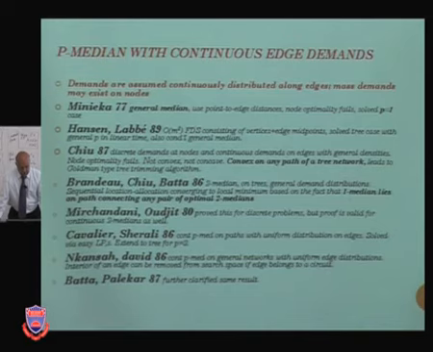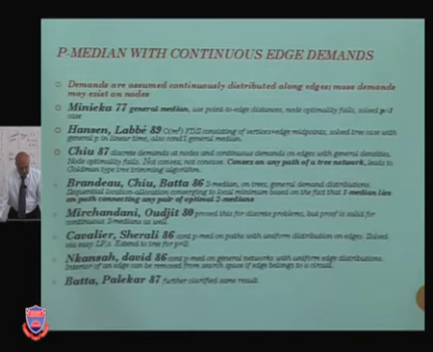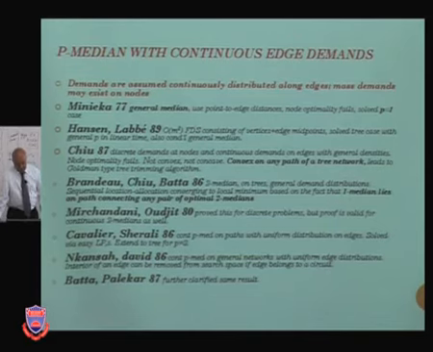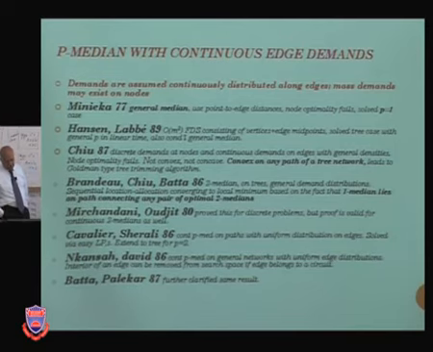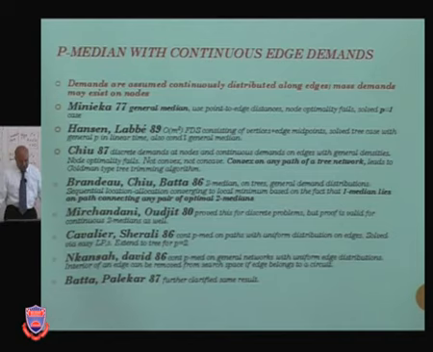Hansen and Labbé showed that a finite dominating set consisting of vertices plus edge midpoints is available, so that leads to an n-squared algorithm, and solved the tree case with general P in linear time. Also, they solved the general conditional median problem.